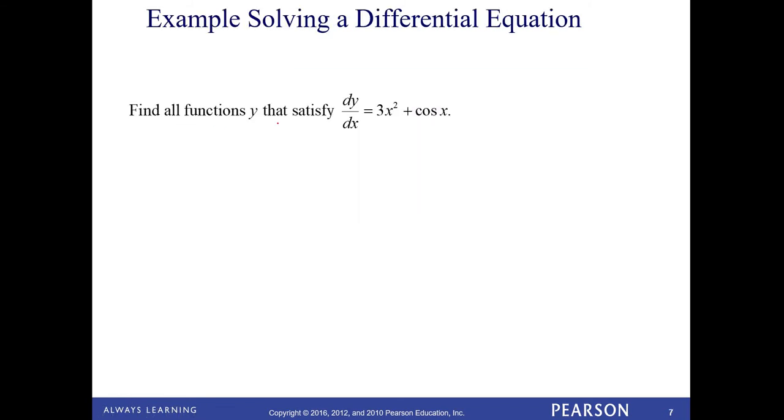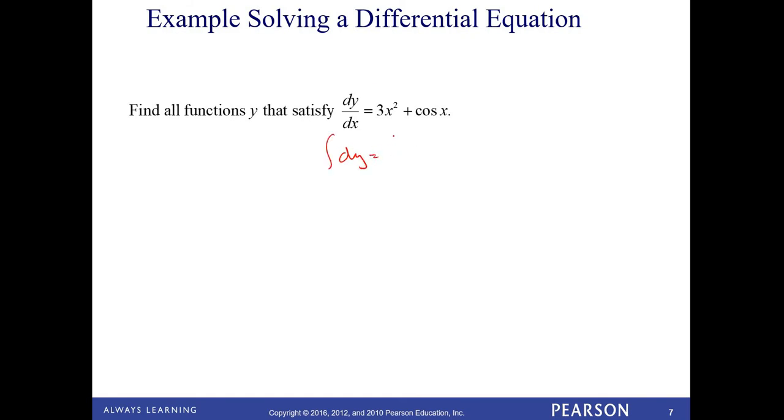So we want to find all functions y that satisfy dy/dx equals 3x squared plus cos x. So again, we are going to find antiderivatives. Since this is just in terms of x, we don't have to do any implicit work.